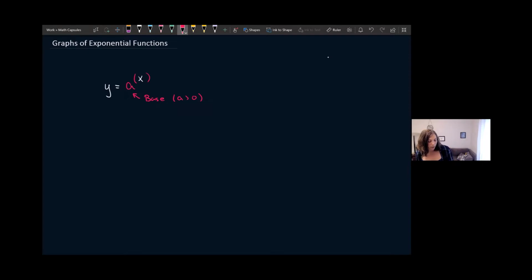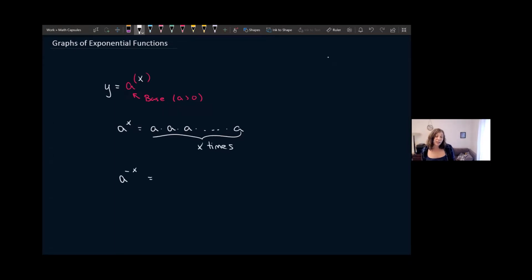So just to quickly remind you how that works, if x is some positive whole number, then a to the power of x would be a times a multiplied together x times. So it's just a times itself, x times. Or you could remember this other important property.